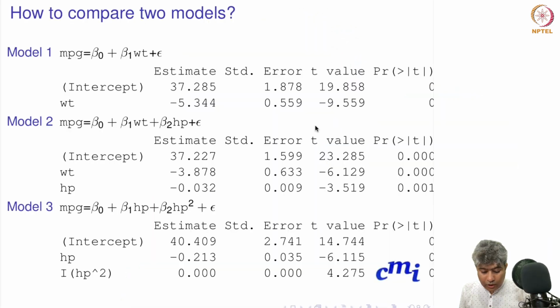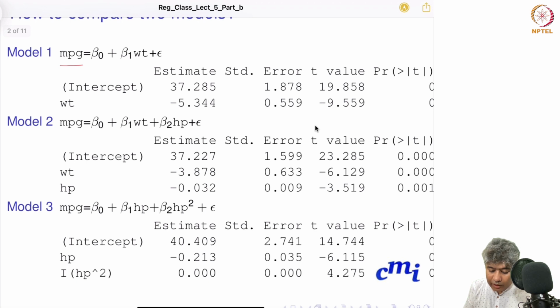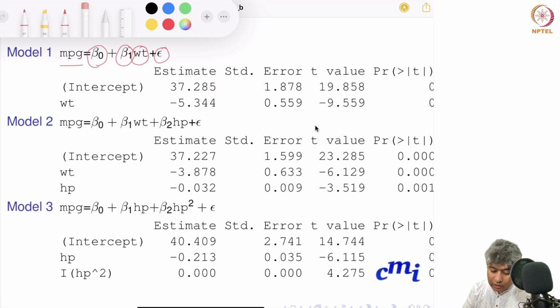Now, one is model 1, which is miles per gallon as a function of beta naught plus beta 1 times weight plus epsilon. This is one model where you have essentially two variables.